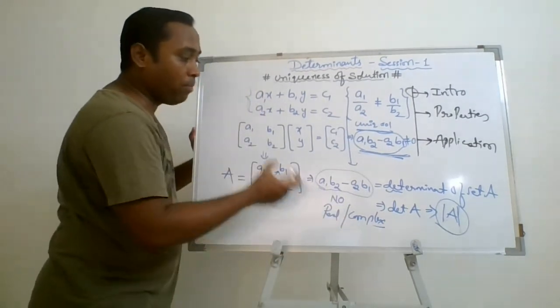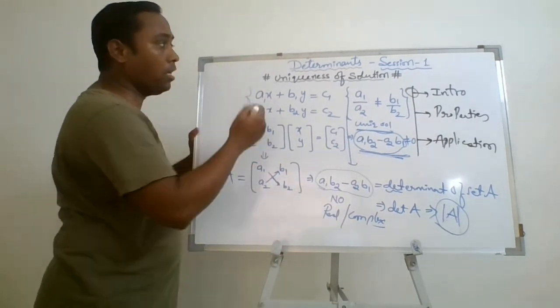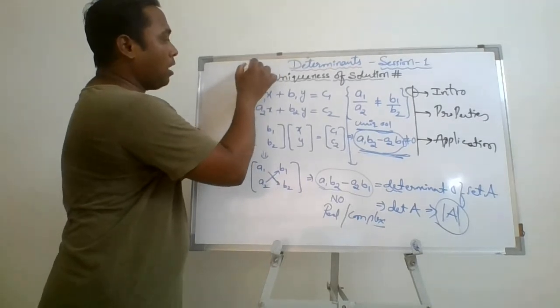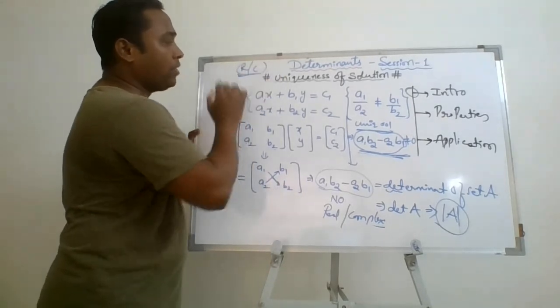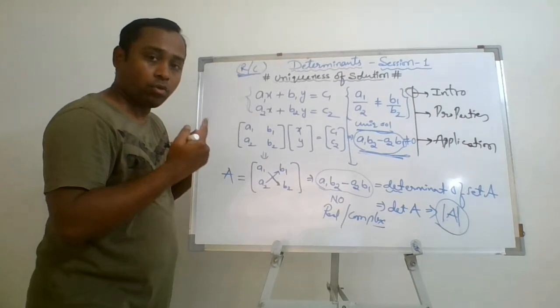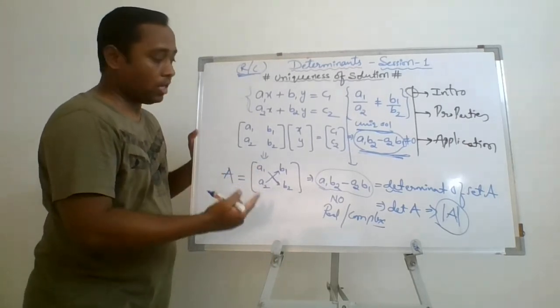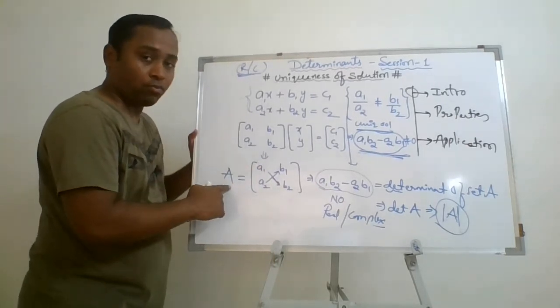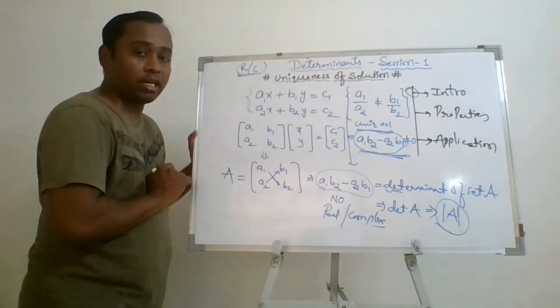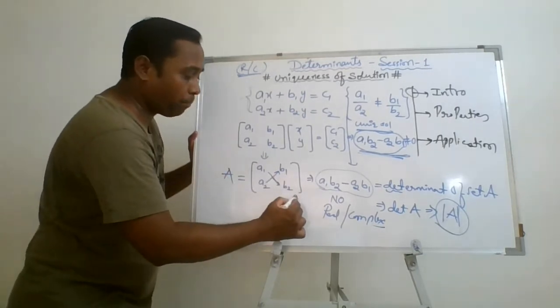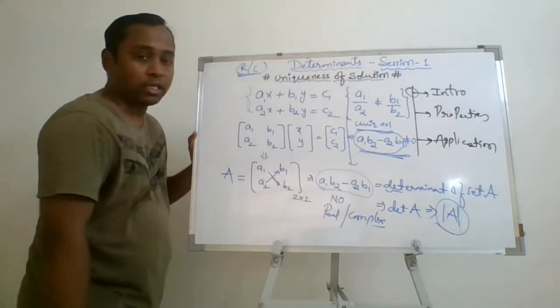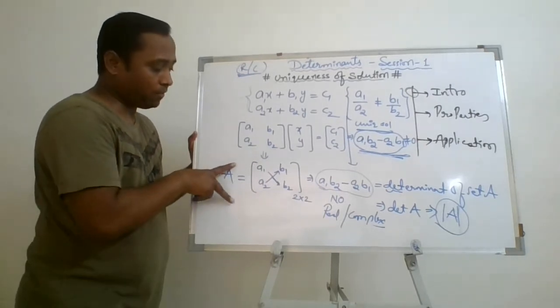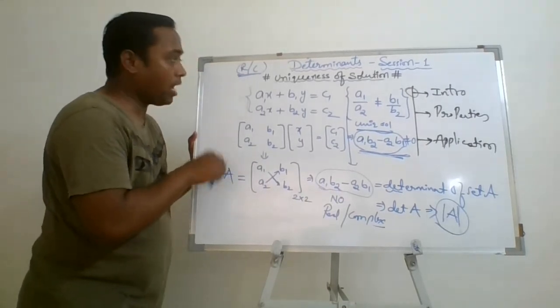So determinant means a simple real or complex number which is always associated to every square matrix. And square matrix means what? It is just a rectangular arrangement of data in an equal number of rows and columns. So this is the difference between the matrix and the determinant.